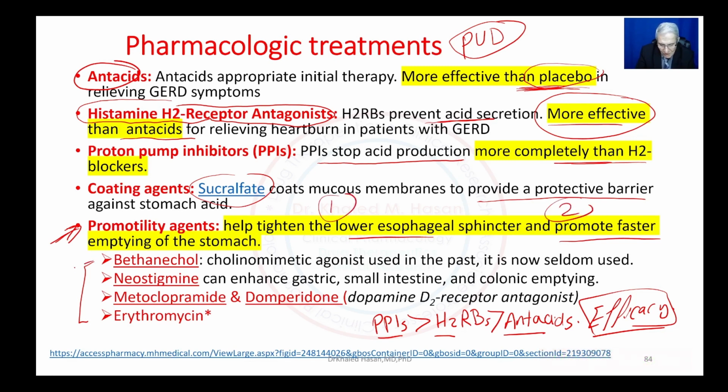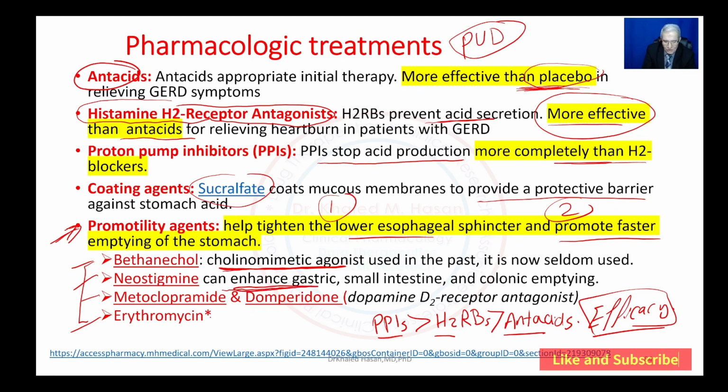We have a list of medications: bethanechol, neostigmine, metoclopramide, domperidone, and erythromycin. Not all of these are used in clinical practice, but these medications may have the effect of increasing the tone of the lower esophageal sphincter and enhancing gastric emptying. Bethanechol belongs to the cholinergic agonists. Neostigmine is an acetylcholinesterase inhibitor, which leads to an enhanced effect of acetylcholine.